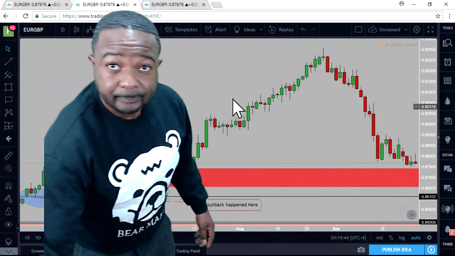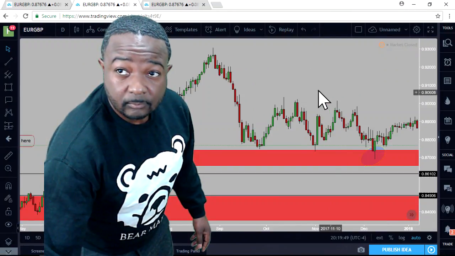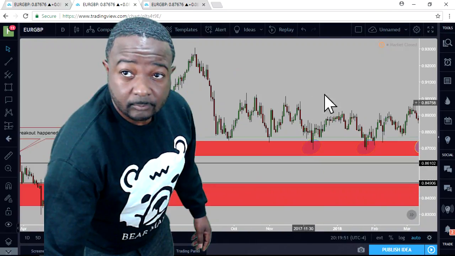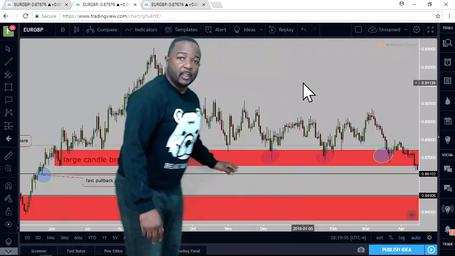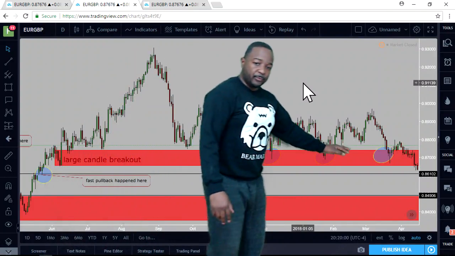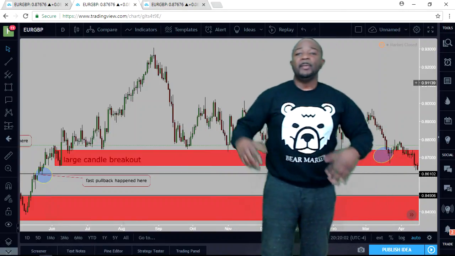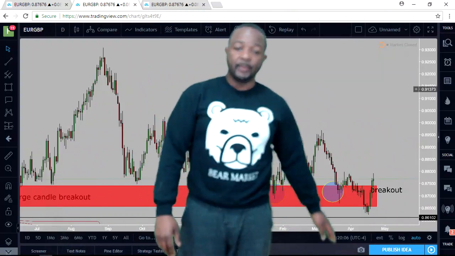Now, it gets better. Perfect. Okay, so notice how the market, this red line, retest, retest, retest, and now that's where we're going to have our drop, our breakout.